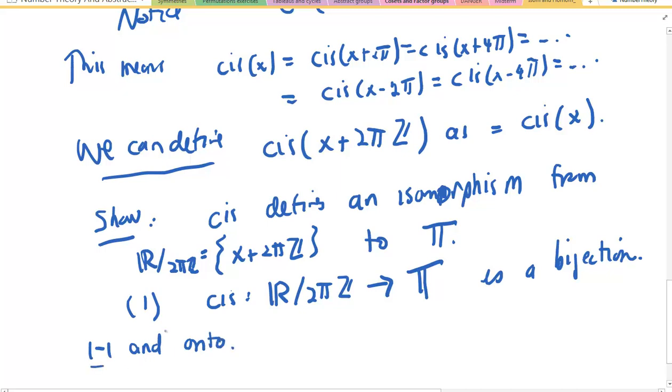Okay. All right. Now there's two ways to do this. One is you can show one-to-one and onto directly. Another way you can do it is you can show that this cis has an inverse.